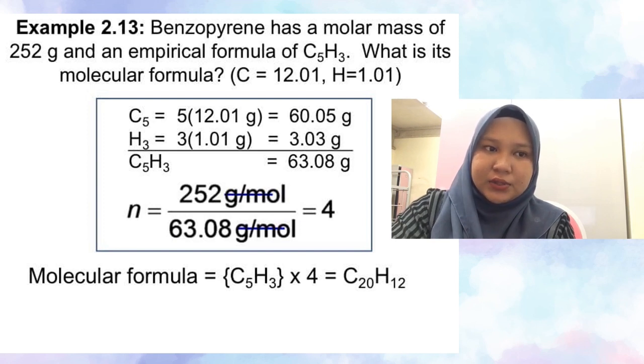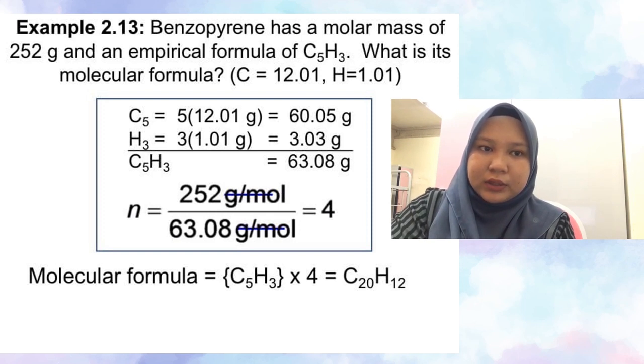Hydrogen 3 equals 3 times 1.01 grams, which equals 3.03 grams. So C5H3 is 63.08 grams.